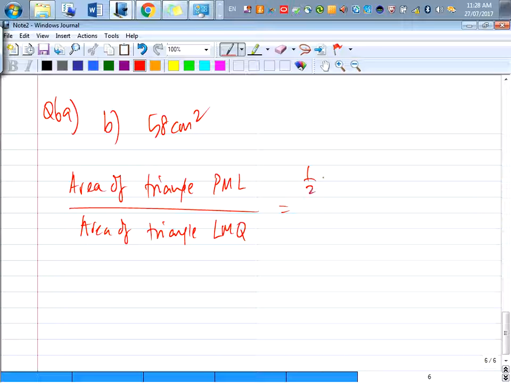So this will be half times PL times H, half times LQ times H, because these two triangles have the same height. You all see it? Go and highlight or trace over the triangles in the diagram that's given to you. Then you'll see that they have the same height. So once that is done, it's just a matter of cancelling again.